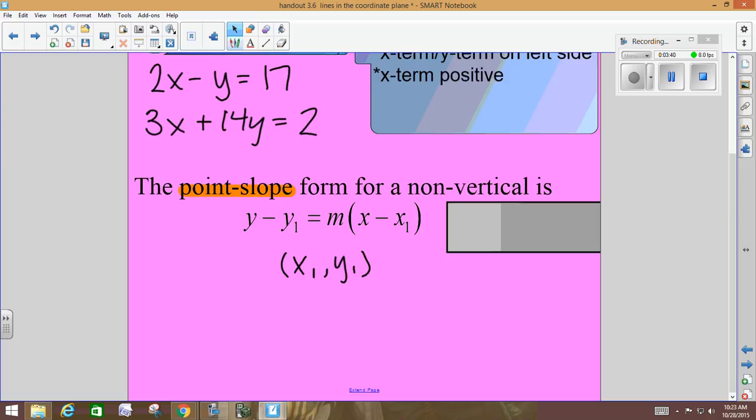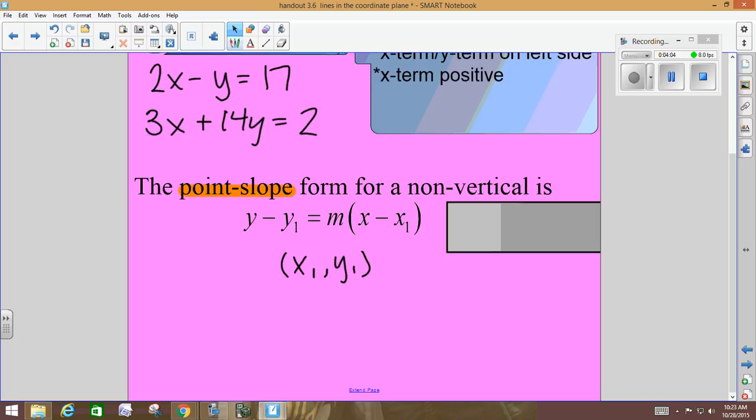Your x and y are on the left side, your x is positive, and there are no fractions or decimals. When it's in standard form, you can't find the slope by looking at it. You have to manipulate the equation to find the slope. Your last one there, y plus 2 equals 2 times the quantity x minus 1. What form is that?